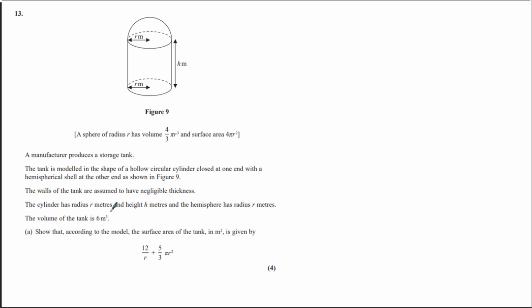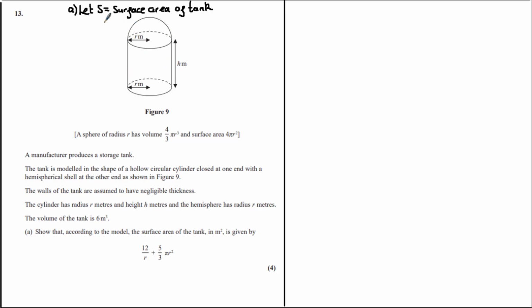So using the information given in the question, we need to find an expression for the surface area of this tank. And if you look at this tank, you'll see that the surface area of the tank is made up of different parts. One part is the circular base, another part is the curved surface, which forms a cylinder shape, and the other part is the hemisphere.